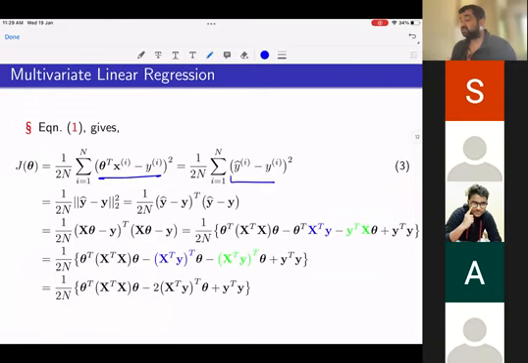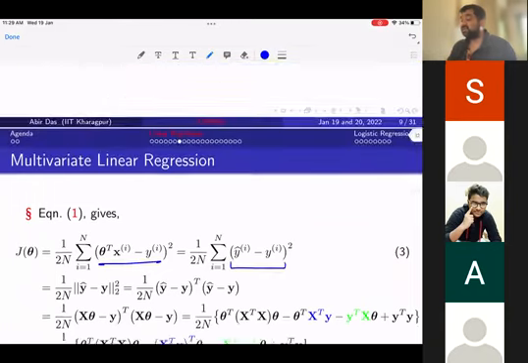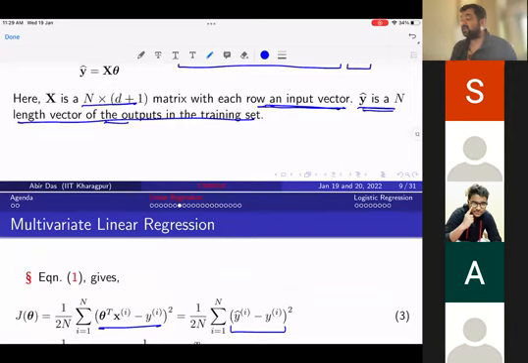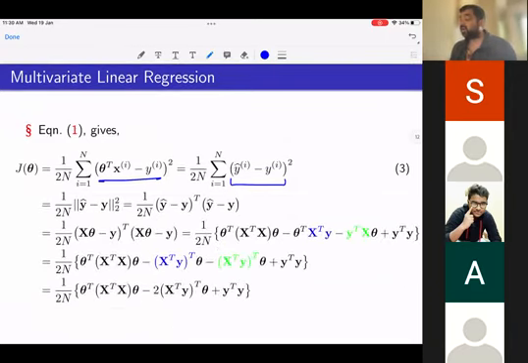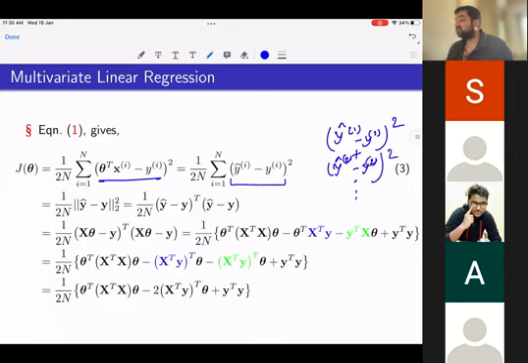Now what did we say here? Y hat is an n length vector of the outputs in the training set, and what are you doing here? You are basically summing y hat 1 minus y1 squared, plus y hat 2 minus y2 squared, and so on.